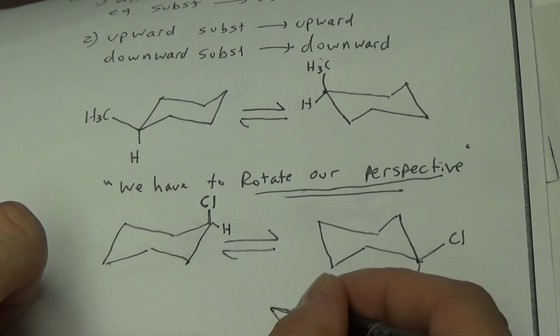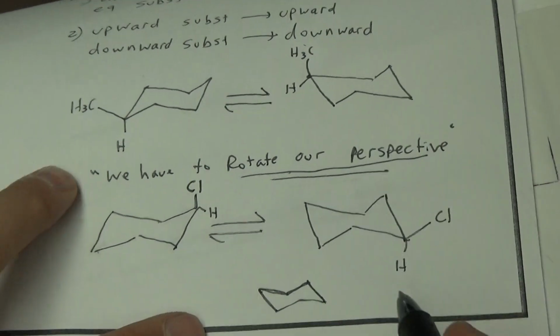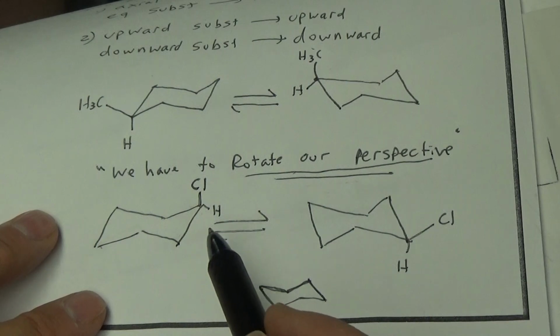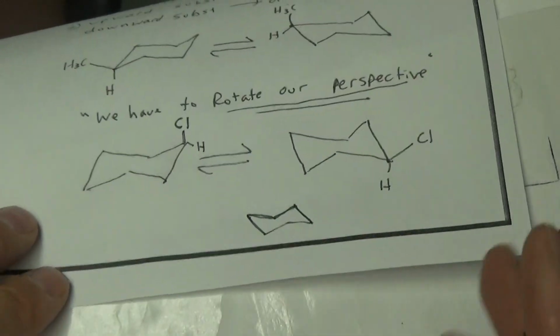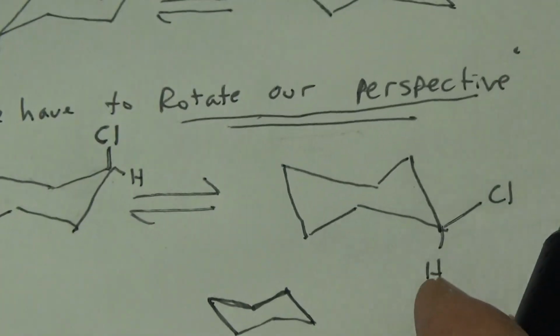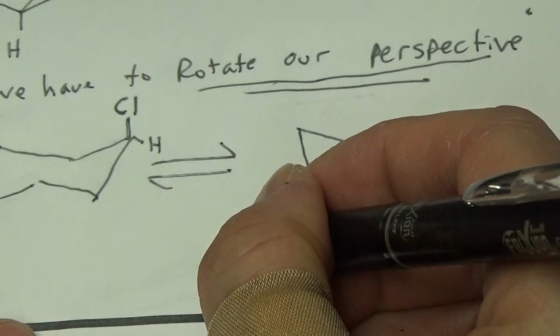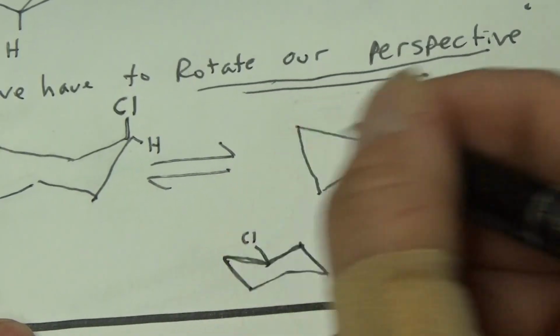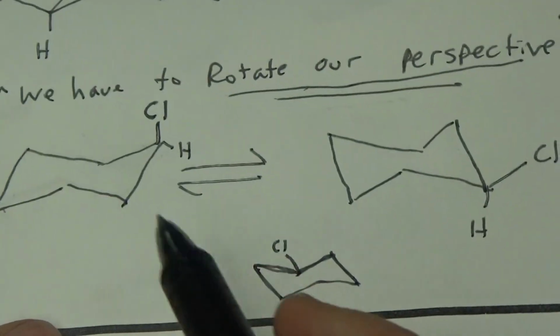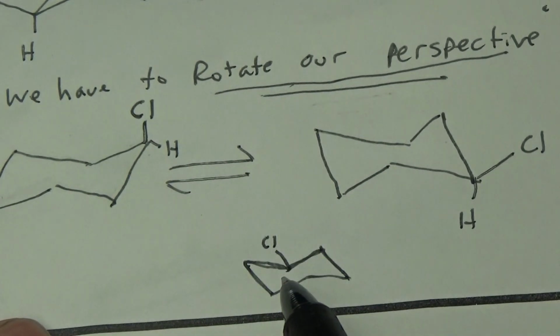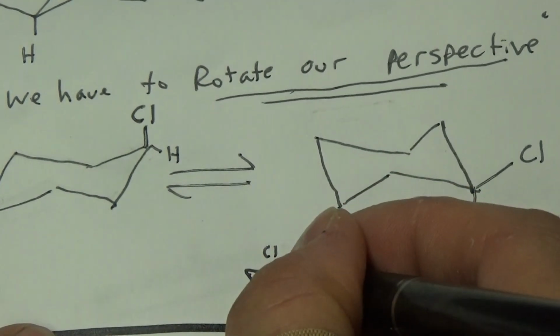So the alternate form. If it was up in axial here, up in equatorial would be right there, so it would be like this. The hydrogen was down in equatorial, should be down in axial. It would be kind of down here in the back.